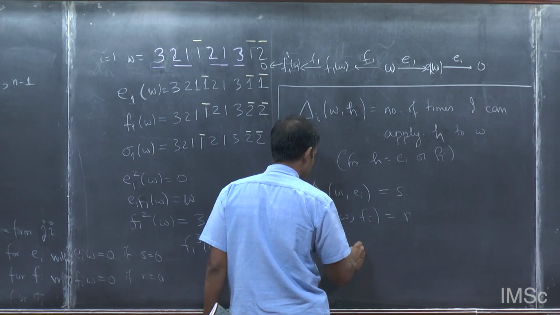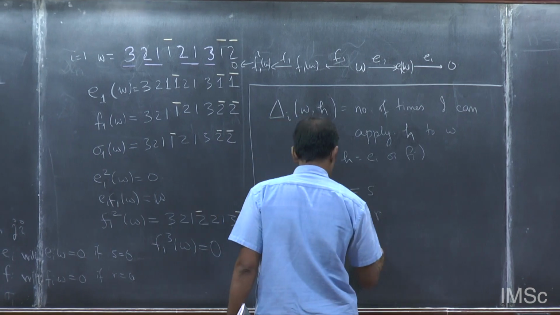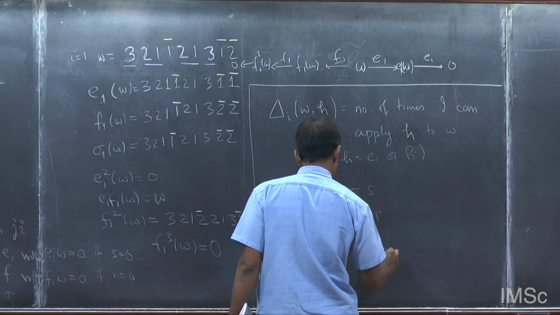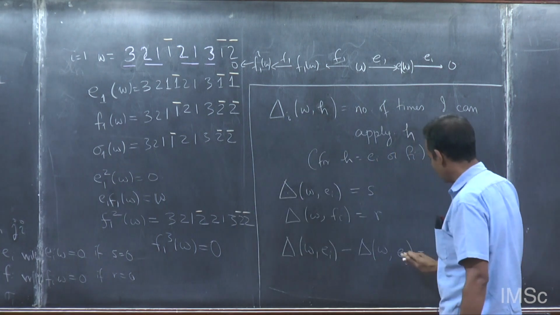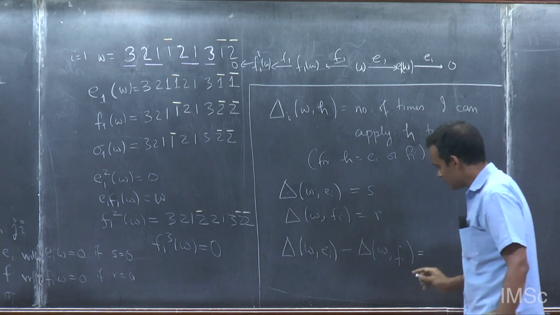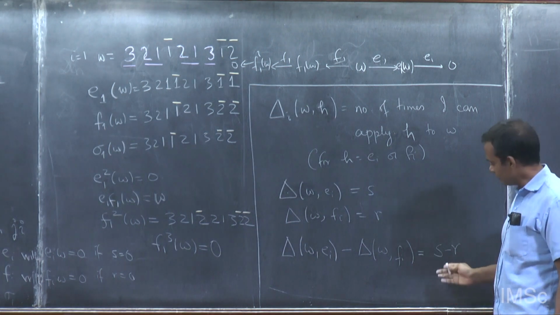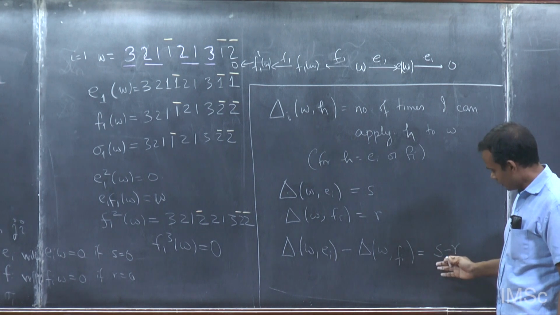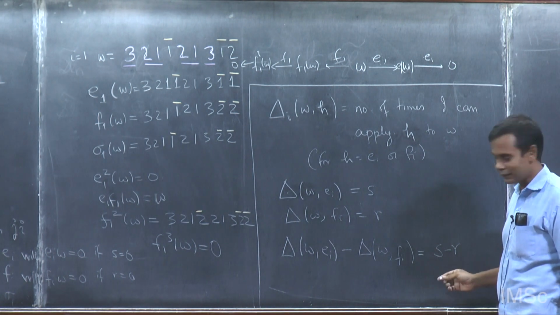Delta W E I minus delta W E j equals not E j F I. This is equal to S minus R, but this is also the number of J's in W minus the number of I's in W, right.